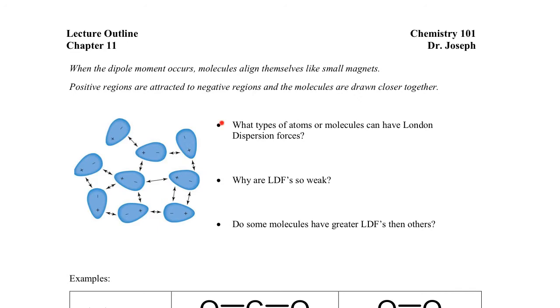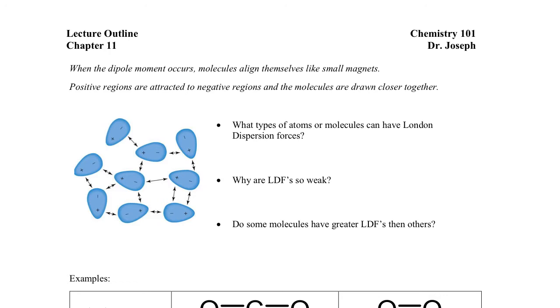First of all, what types of atoms or molecules can have London dispersion forces? Well, to think about that, let's think back to the cause of a London dispersion force. What's required is that a molecule has atoms and electrons in it. Any molecule that has atoms and electron cloud will potentially have London dispersion forces because that electron cloud will eventually move to one side or the other.